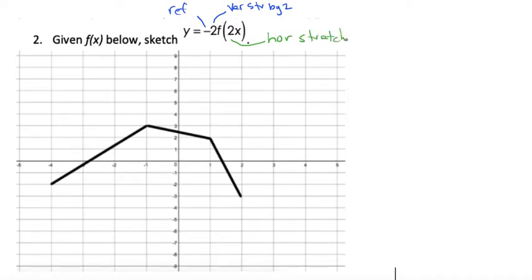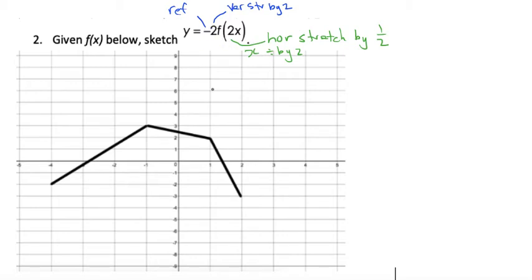Now don't forget, this is the one that is by 1/2. So you're actually going to take all the x values and divide them by 2. That's the tricky one.